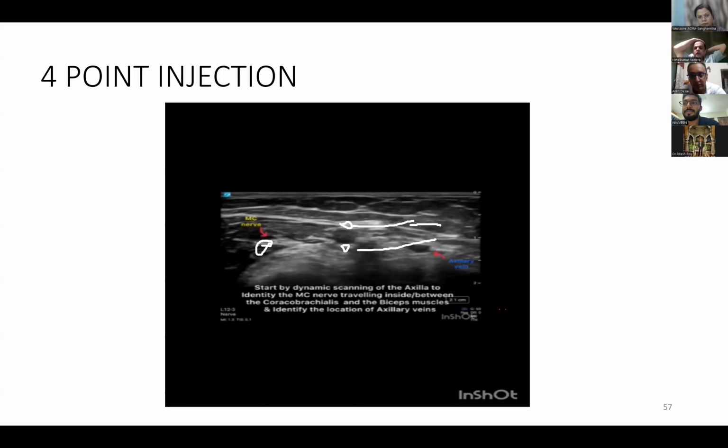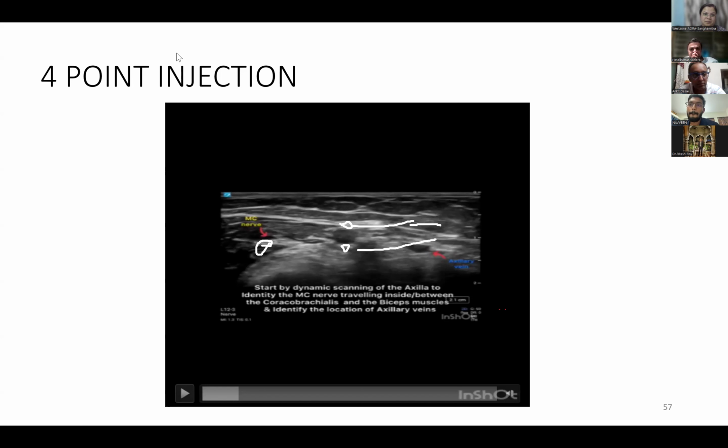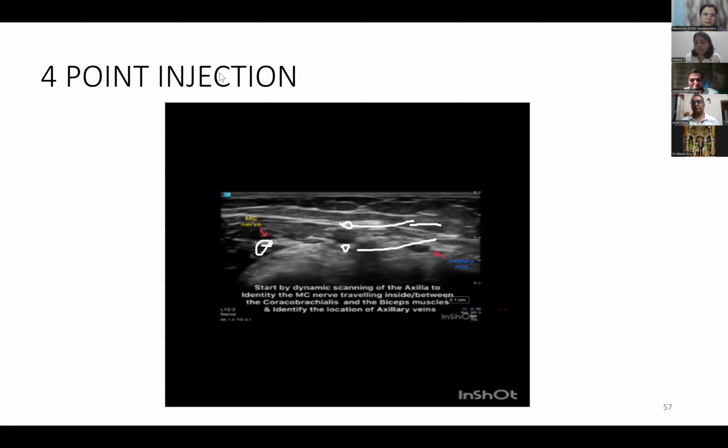Another thing I want to clarify regarding the PNS guided pericoracoid approach: what Ankit said is you have to go 2 centimeters medial and 2 centimeters caudal, right? That is true for adult patients, but is it the same for pediatric patients? I want to ask Ankit as well as Santra. Sir, we go 2 centimeters inferior.